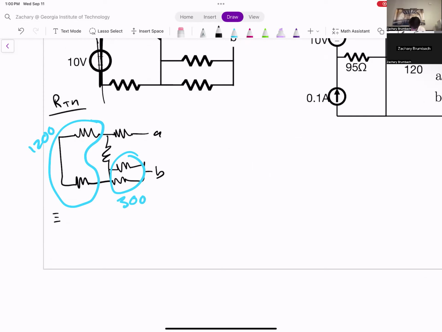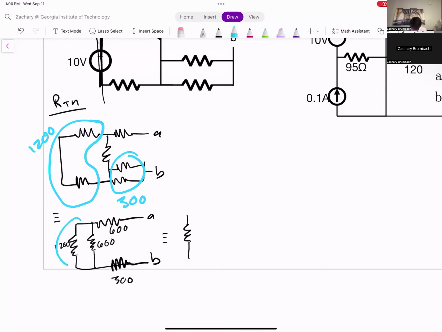So now we can rewrite this as A, B. This one's 600, this one's 600, this one's 300, this one's 1200, and this is equivalent to this. So we equate these two in parallel.